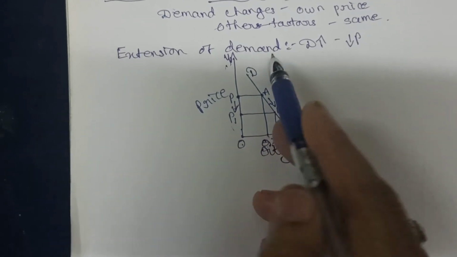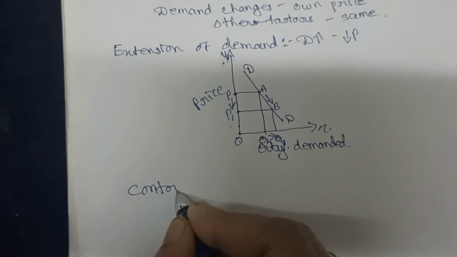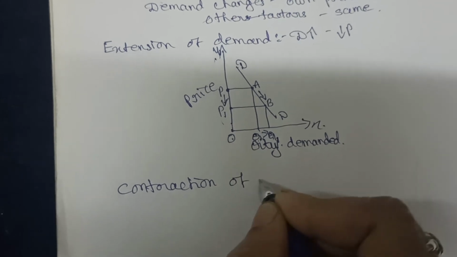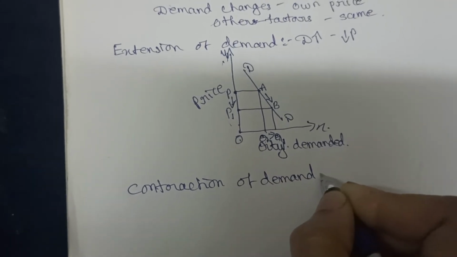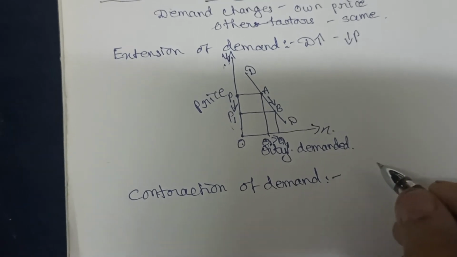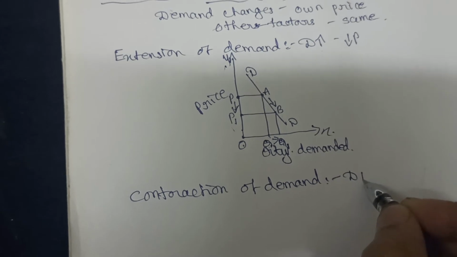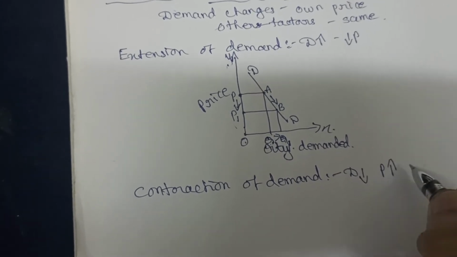Then the second aspect is contraction of demand. What is contraction of demand? Demand falls due to what? Due to rise in price only.